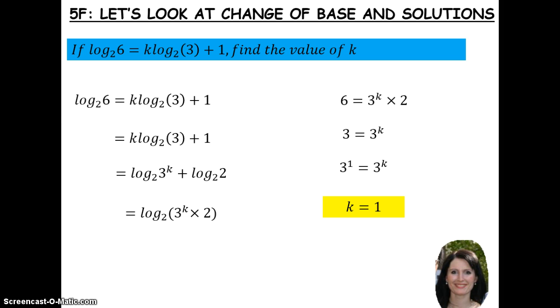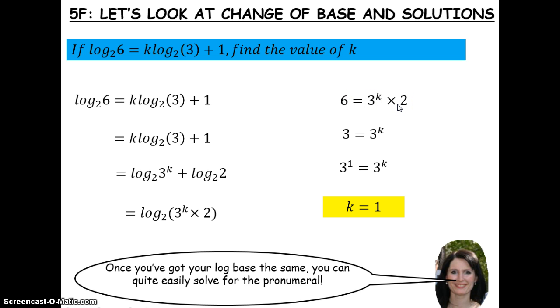Notice at this stage, where I have log_2 6 equals log_2 3^k times 2, my logs are the same, so that's where I can get rid of the logs and just solve for k by 6 equals 3 to the k times 2. So once you've got your log base the same, you can quite easily solve for the pronumeral, as you saw there.